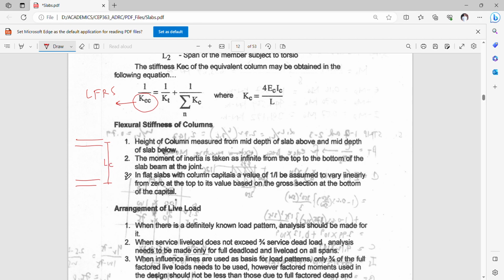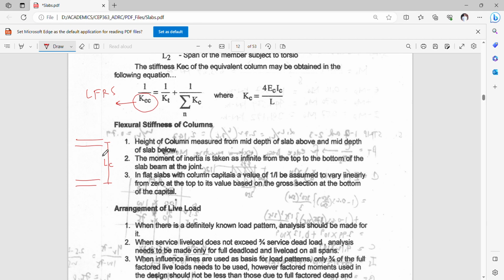The moment of inertia is also taken as infinite from the top of the beam to the slab beam at the joint. Okay, this is basically because the analysis at that time did not involve any software.